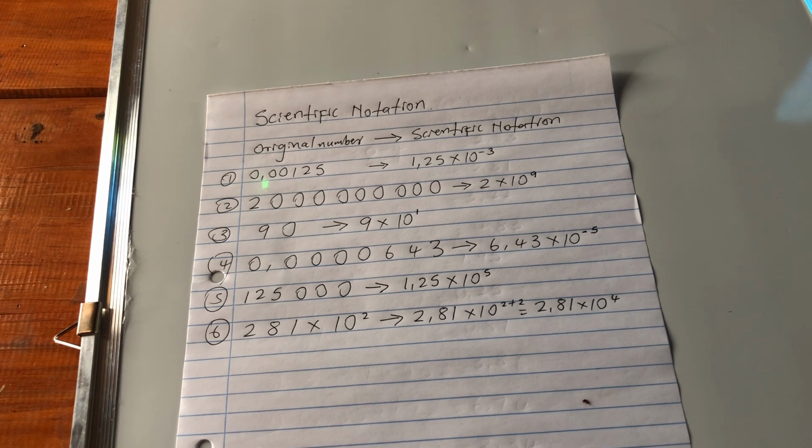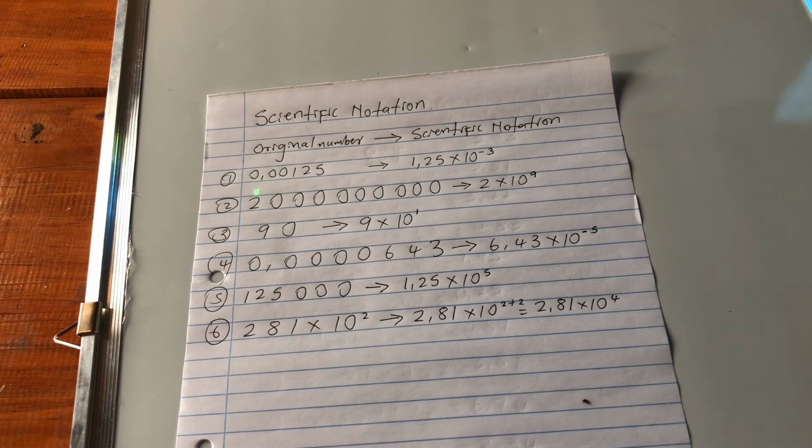Let me use this laser pointer to demonstrate how we arrived at 1,25 multiplied by 10 to the power minus 3. As I've said, we are going to shift this point, and we're shifting it to the right.